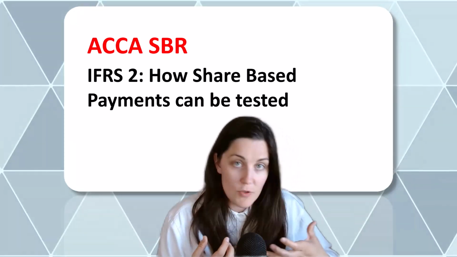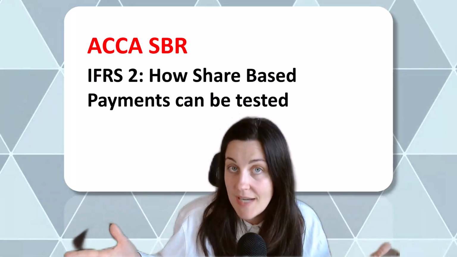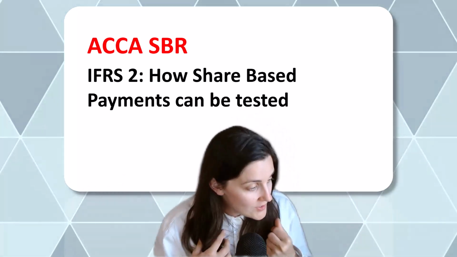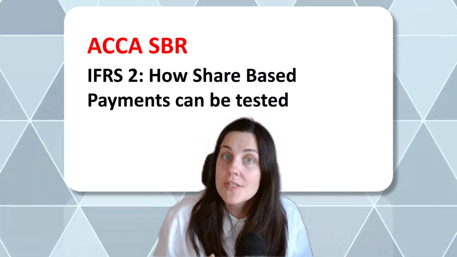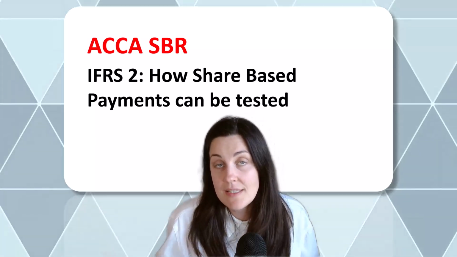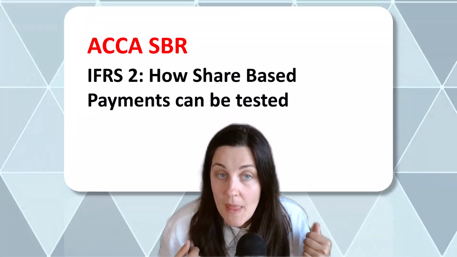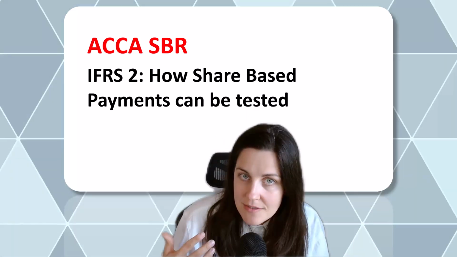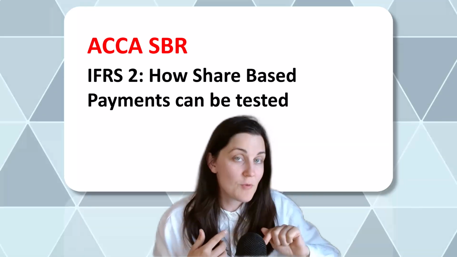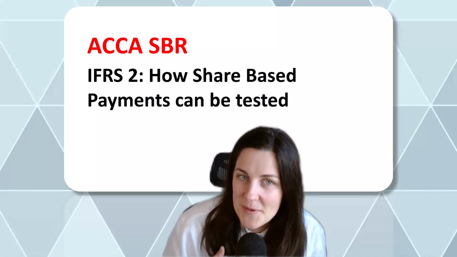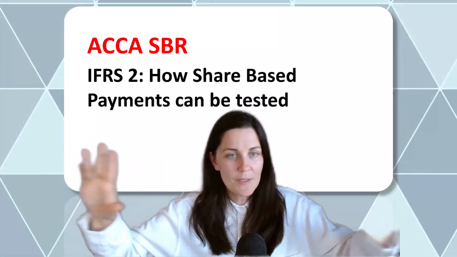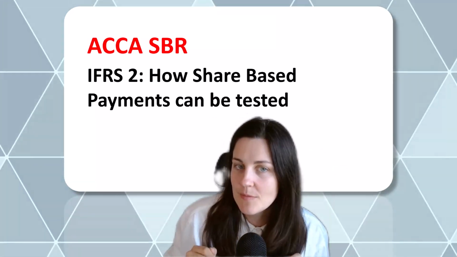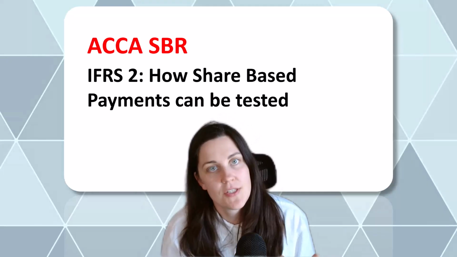So let's say if you are going to buy a plot of land, then on a normal day, you would recognize it at cost, the same way as IAS 16 prescribes this. But if you are going to pay it with your own shares, then you are going to recognize it at the fair value. And then we have two types of the schemes, equity settled and cash settled.